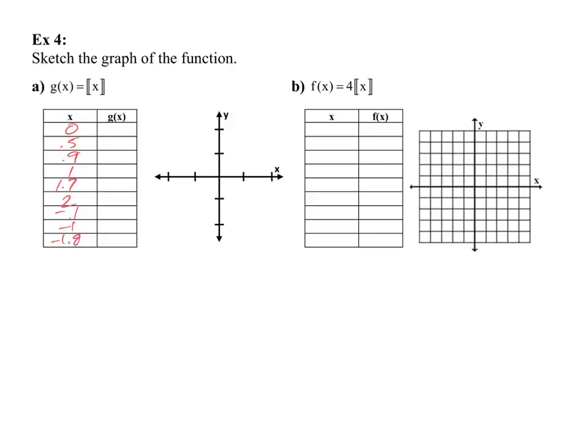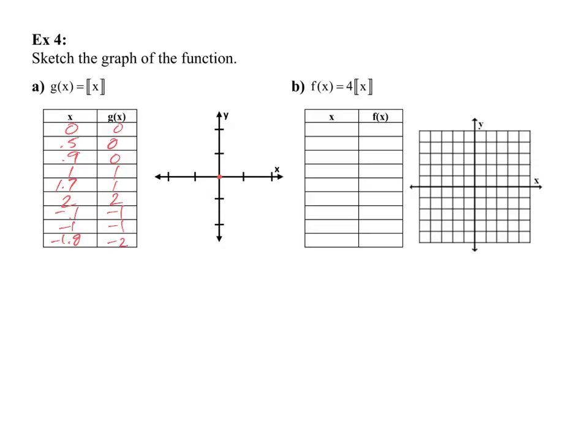All right, plug all these values into my greatest integer function. What do I get in return? 0, 0, 0, 1, 1, 2, negative 1, negative 1, and negative 2. All right, so at 0, I'm at 0.